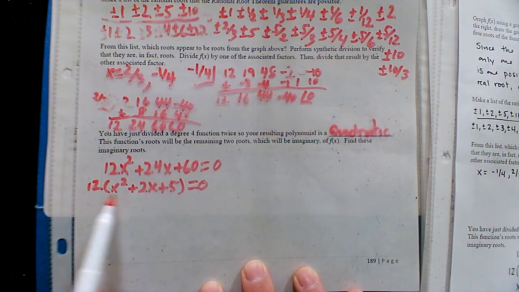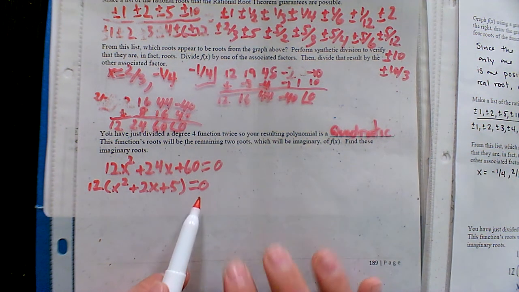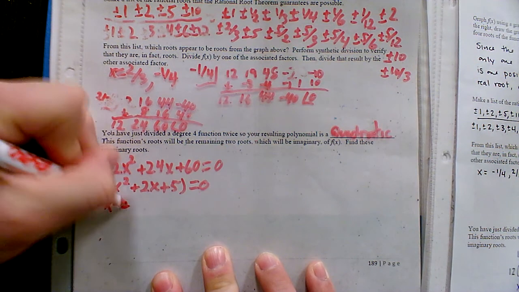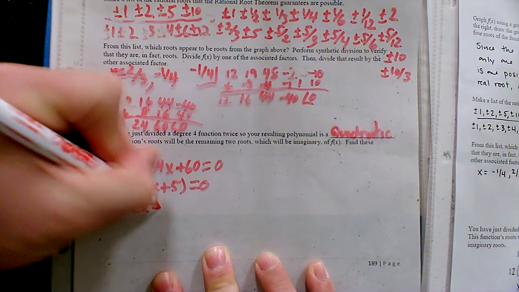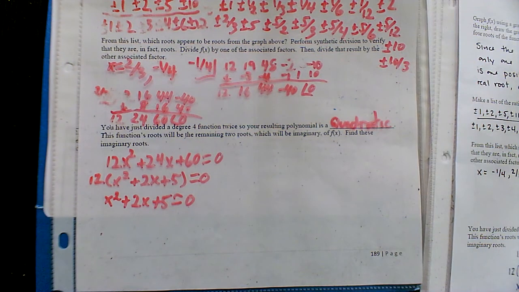What's happening between this 12 and this group right here? Yeah, you can divide the 12 off by 0. Well, 0 divided by 12 is just 0, so it gets rid of the 12. So we're left with x squared plus 2x plus 5 equals 0 when you divide by 12.